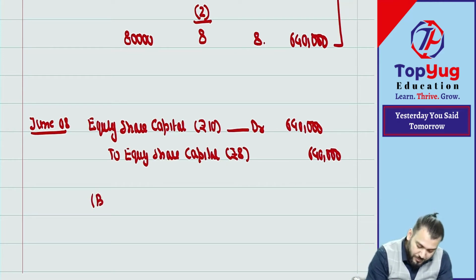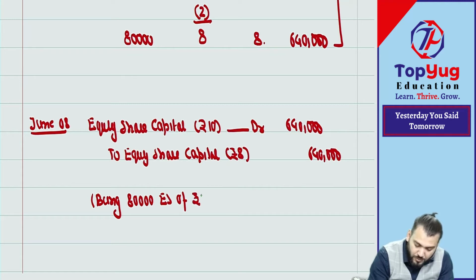For it, being 80,000 equity shares of rupees 10 each, rupees 8 were converted into what?